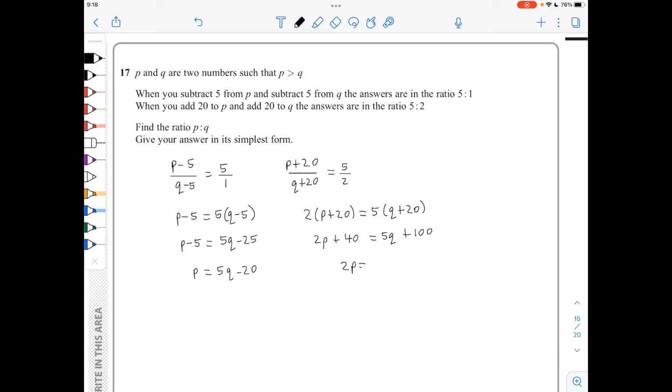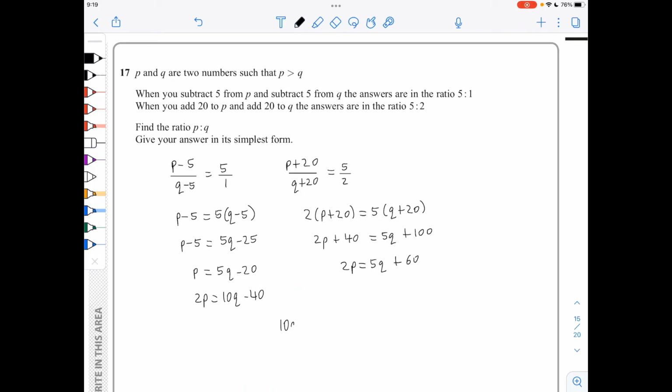So 2P is 5Q plus 60. It makes sense to multiply everything here by 2. So 2P is 10Q minus 40, which means I can now equate 10Q minus 40 with 5Q plus 60.